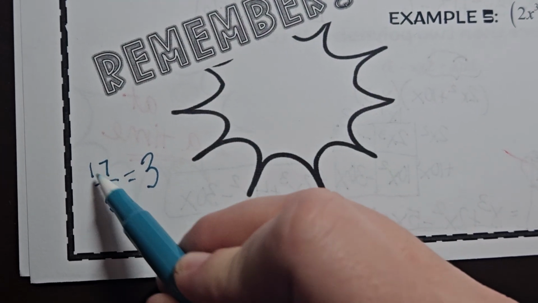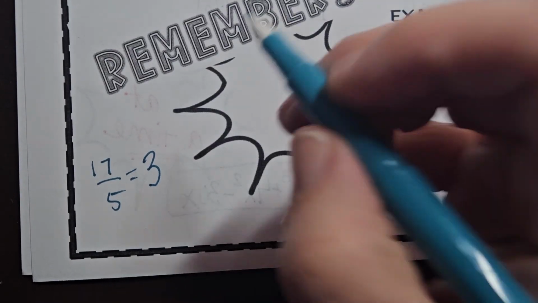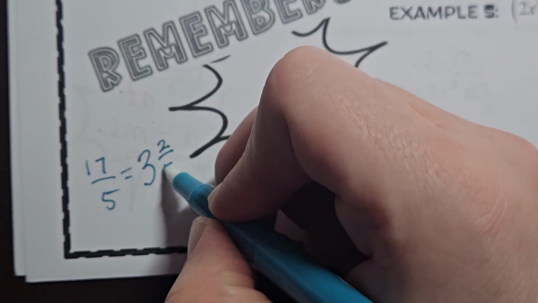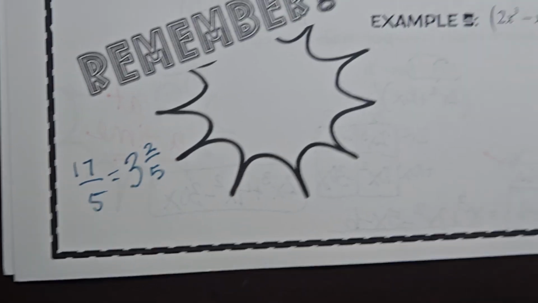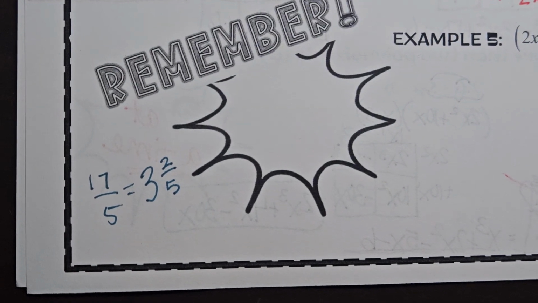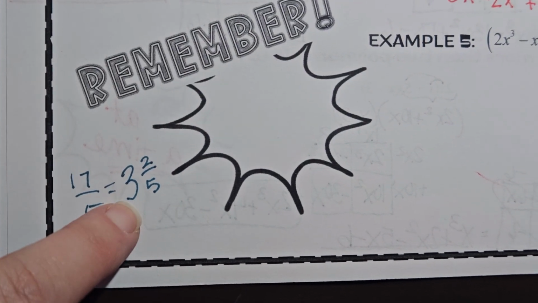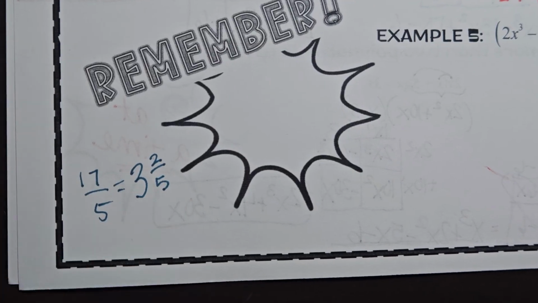Then there's 2 left, but it's 2/5 because I don't get all the way to a full 5. So 5 goes into 17, 3 and 2/5 times.